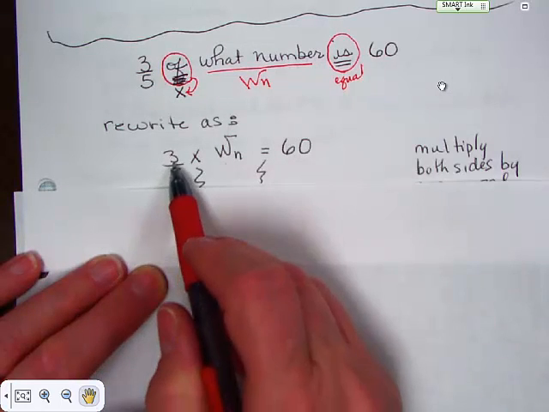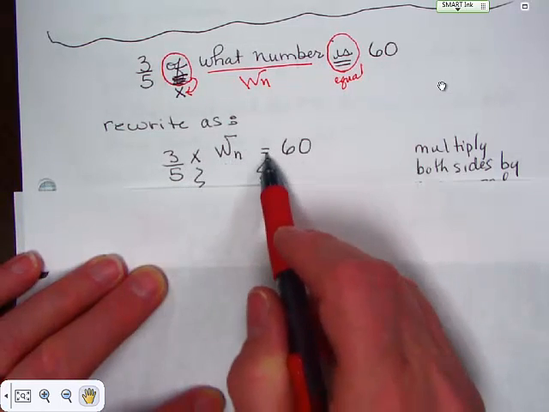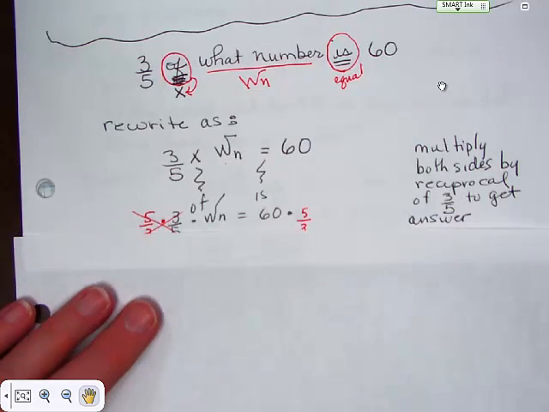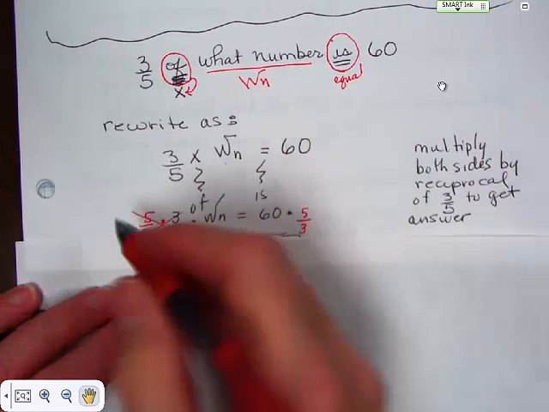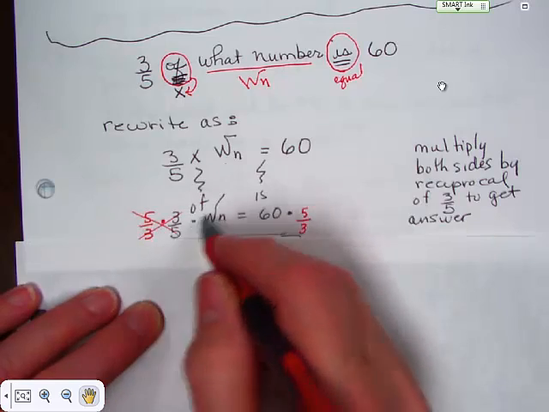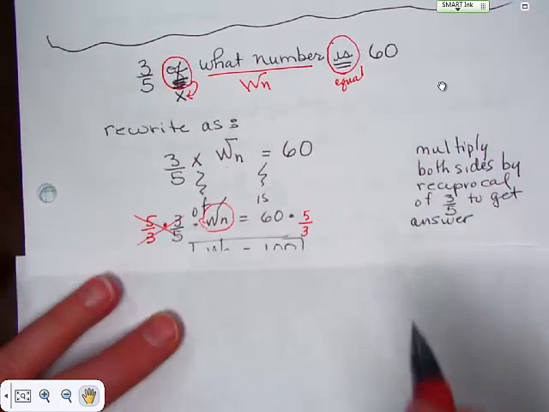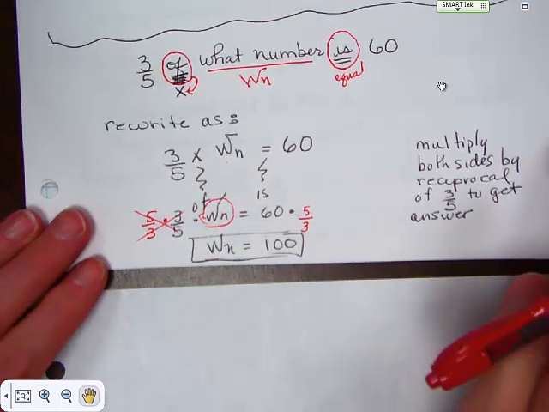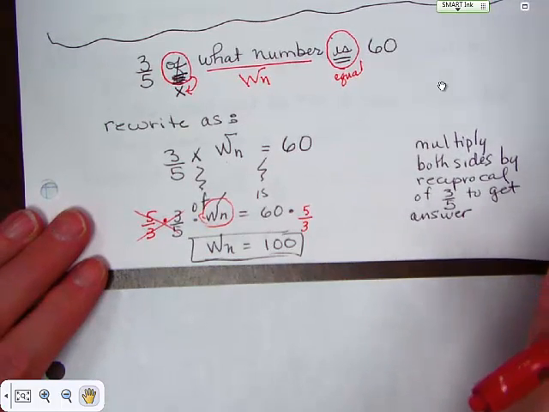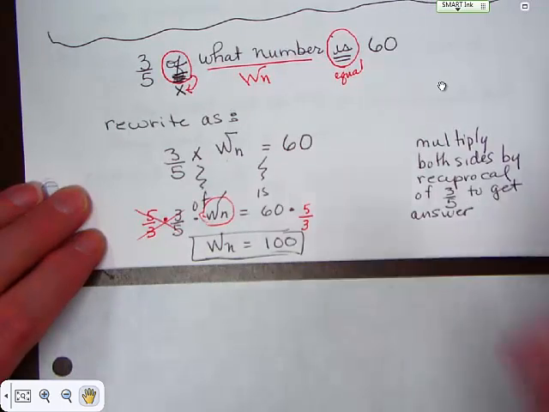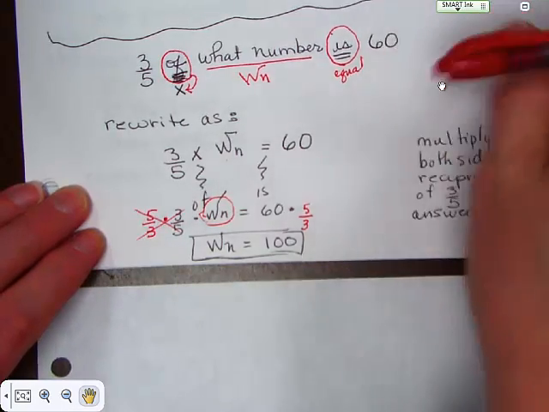We would multiply both sides by the reciprocal of 3/5, which is 5/3, so we can get the what number by itself. And when we do that, we find out that the what number is 100. So 3/5 of 100 is 60.